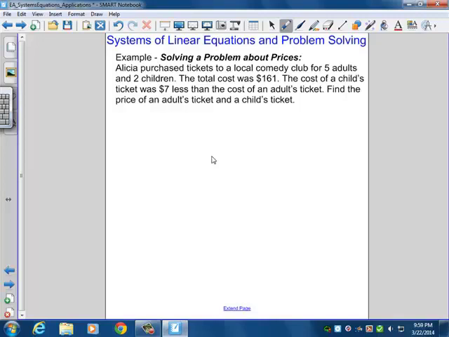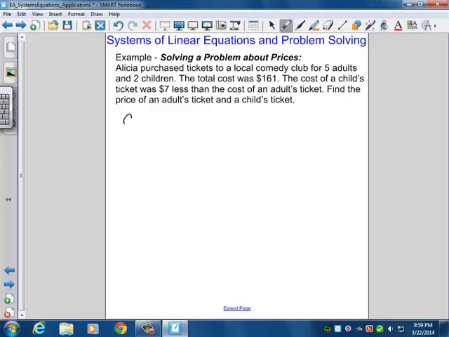Okay, so now the first thing I have to think about is, I'm going to have 2 variables here. And this is one of those cases where I think it's easier to assign some letters that make more sense.